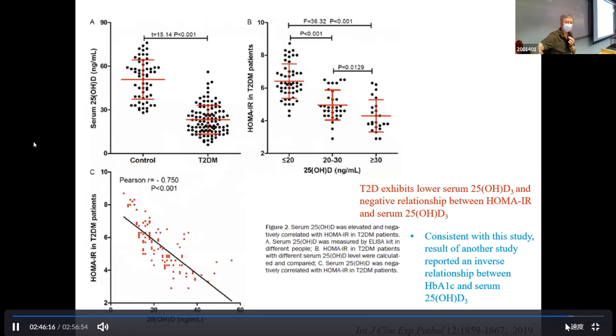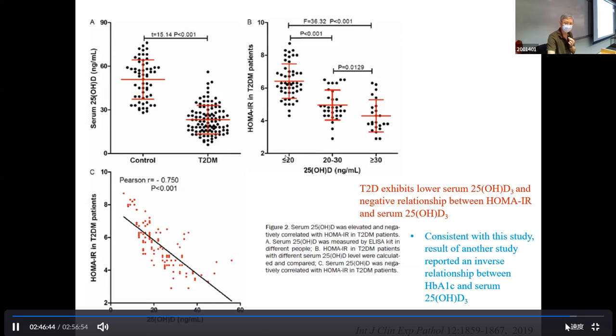What you see here will be some data. Let's look at the diagram here: control versus type 2 diabetics. Serum 25-hydroxy-D, so the mean difference is lower. HOMA score is related to 25-hydroxy-D.